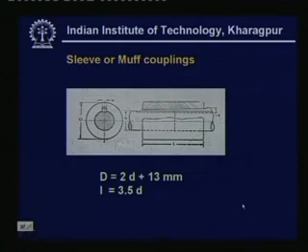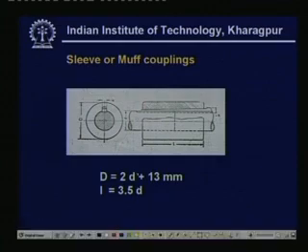Now, come to another type of coupling, which is known as the sleeve or muff coupling. Here what you see is the shaft, this is part of the shaft, and there is a rigid sleeve attached on top of this shaft, and these are fixed by means of a key, what you see here, and this key may be of different types.